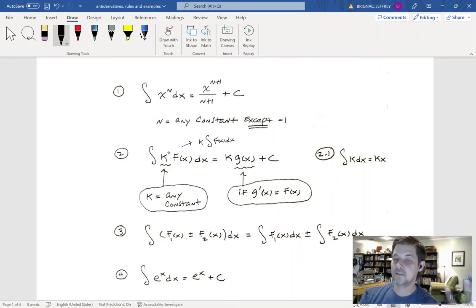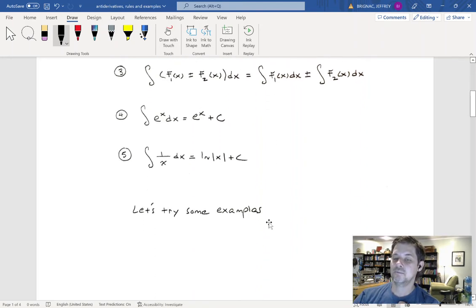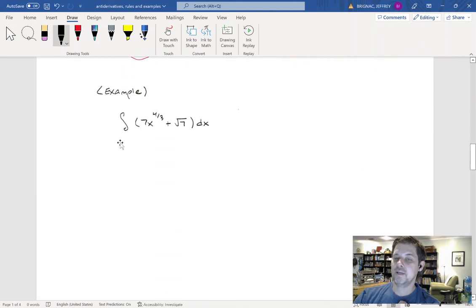So this constant does not really do anything. It just follows along into the answer. With the one I'm about to do, I don't even have to worry about that 7. I just have to figure out the antiderivative of x to the 4 over 3 power, whatever it is, and then multiply the answer times 7.